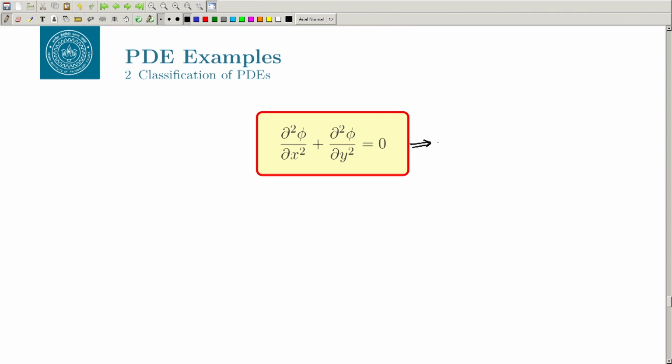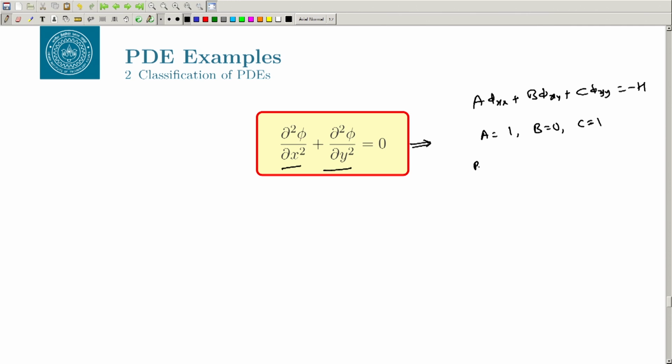So, we need to find out basically how this equation can be classified. If you write in this form A phi xx plus B phi xy plus C phi yy equal to minus h, and compare, this is phi xx, this is phi yy. So, your A is equal to 1, B is equal to 0 and C is equal to 1, right.